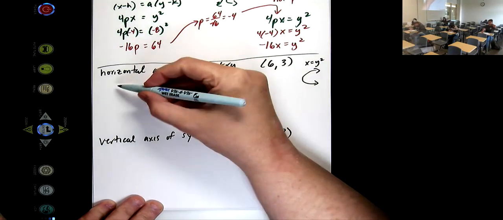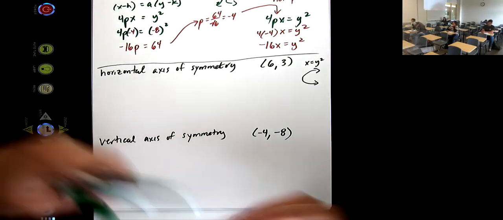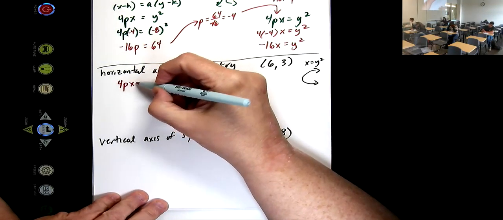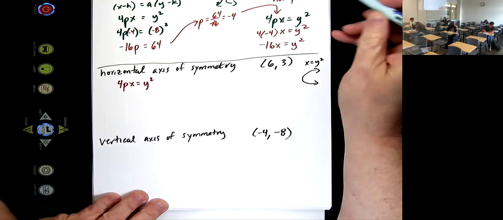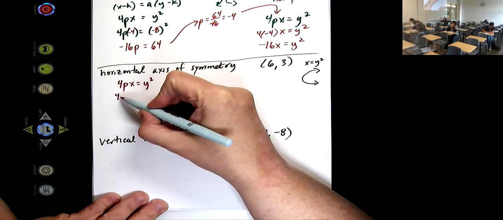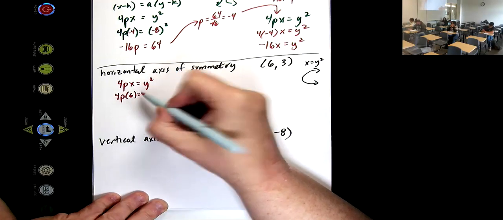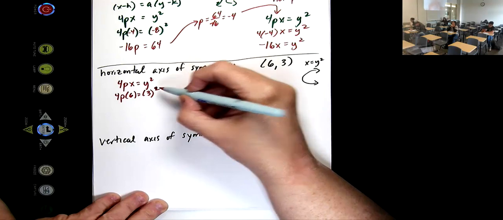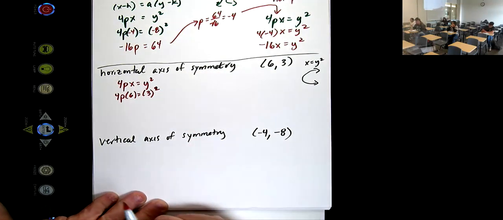So I'm gonna have 4px equals y squared. And I will plug in my values. I've got 4p times 6 equals y squared is 3 squared. Damn, I chose bad values.